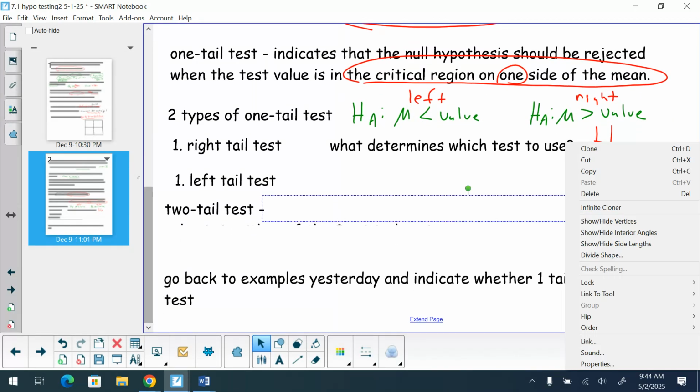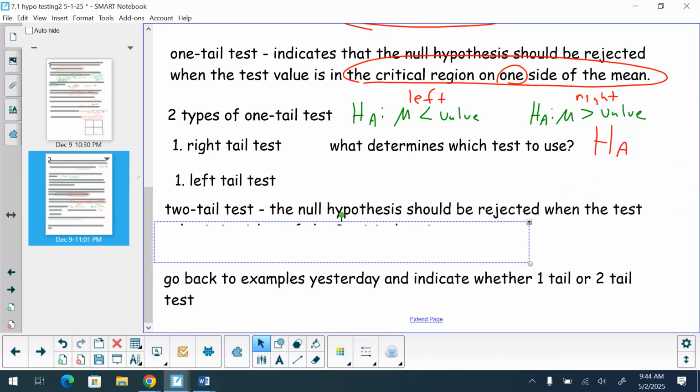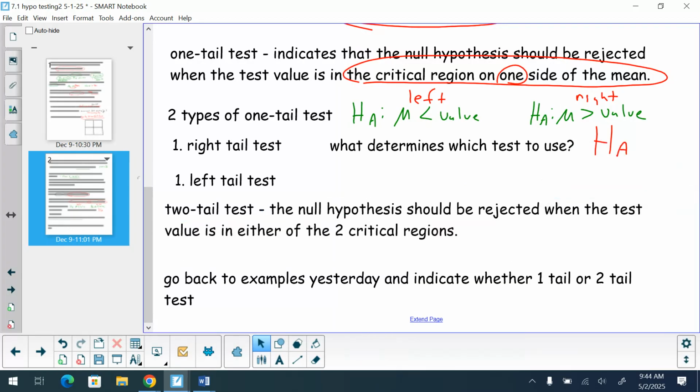When we have a two-tailed test, the null hypothesis should be rejected when the test value is on either side of the critical region. So these are two-tailed tests.